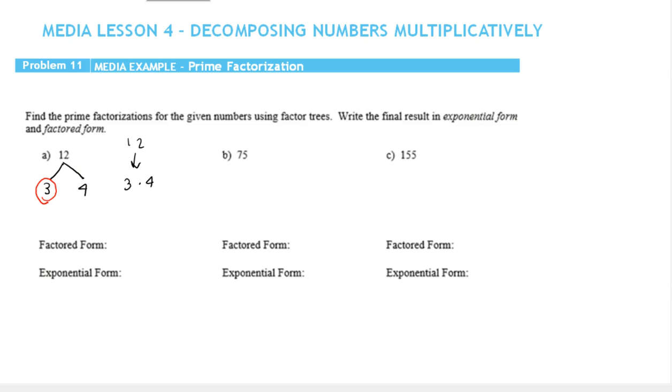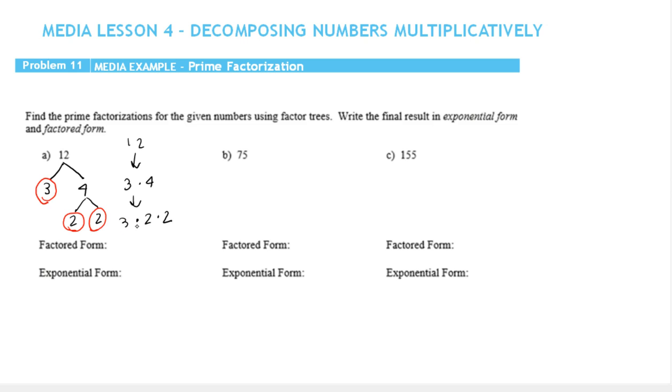So 4 is 2 times 2. Now I have 3 times, and instead of 4, we wrote 2 times 2. And 2 is prime, so I'm going to circle those 2's. And this is my prime factorization in factored form.